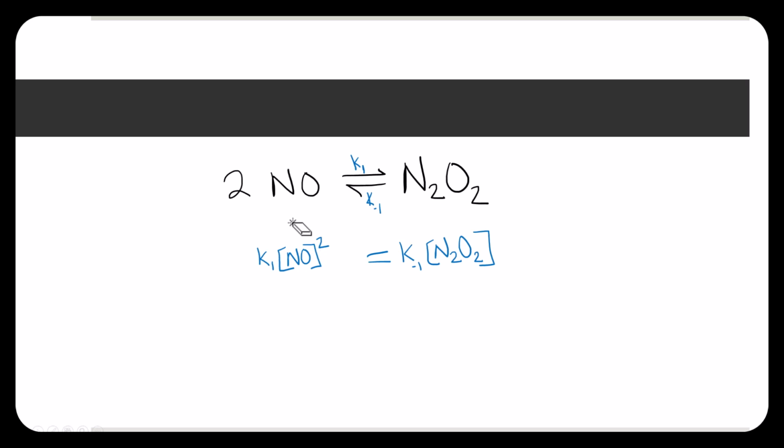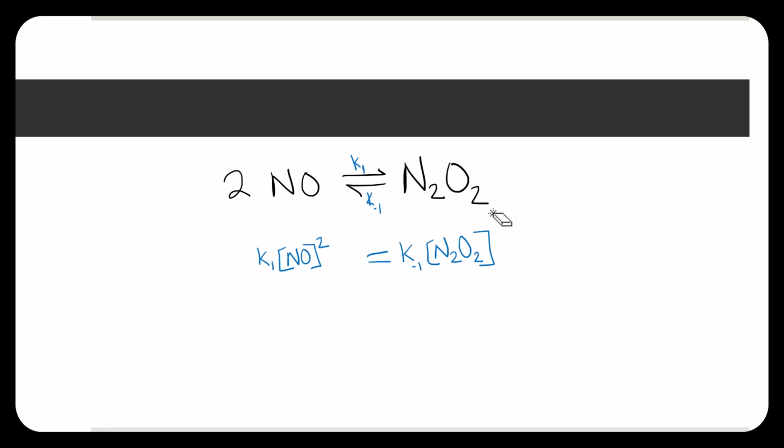Why NO squared? Another way to write this would be NO plus NO, and then we would have two of these, which is the same thing as NO squared. So that's an explanation of why that's a squared value. All right, so we've got our two rates that are equal to one another.